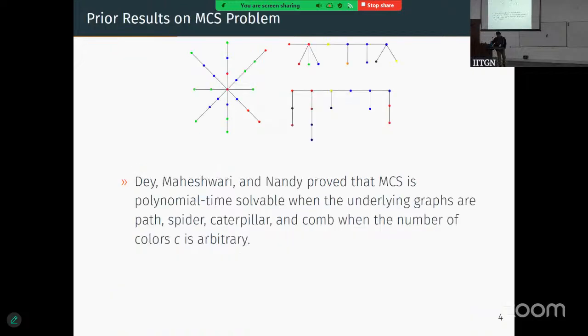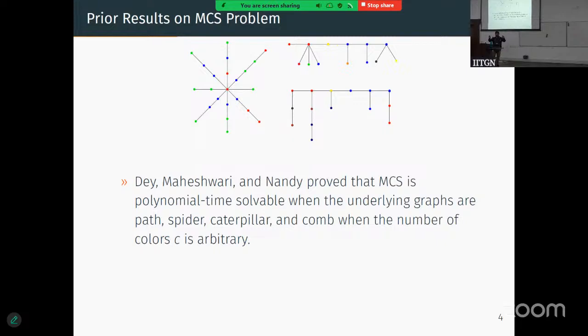The consistent subset problem is polynomial solvable.